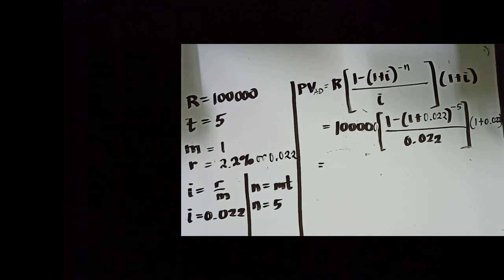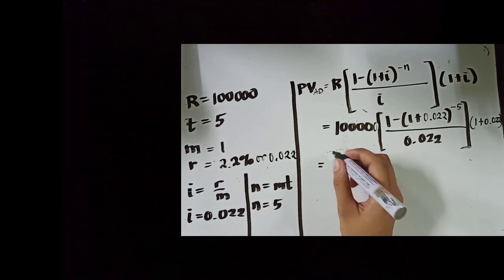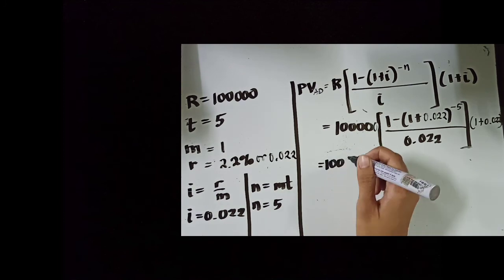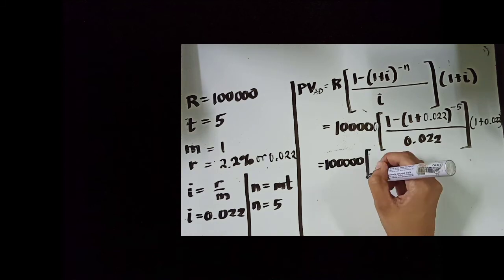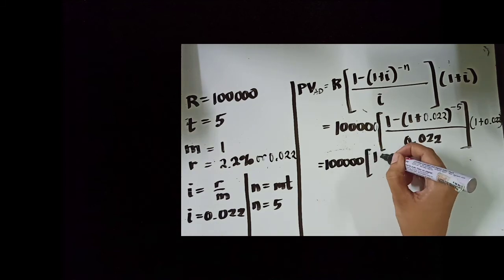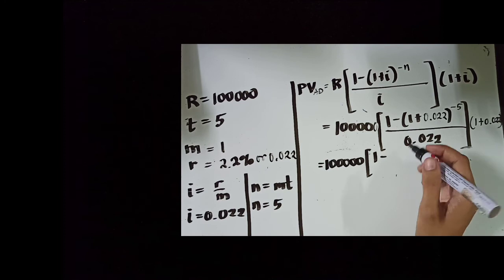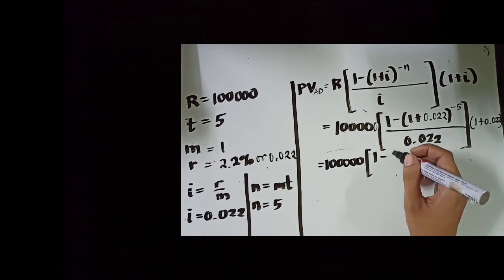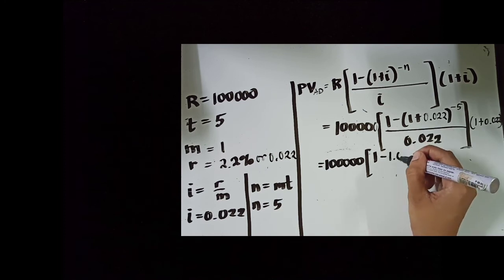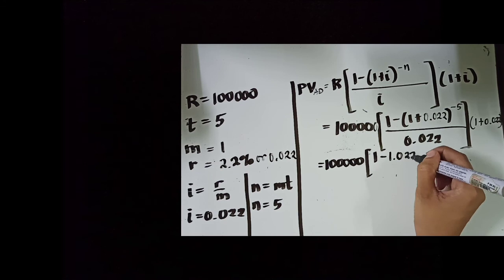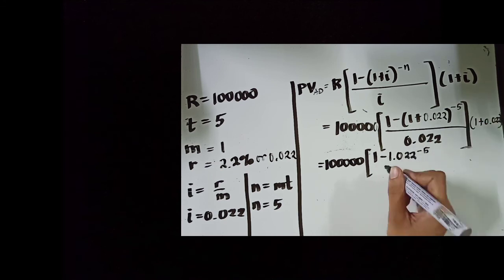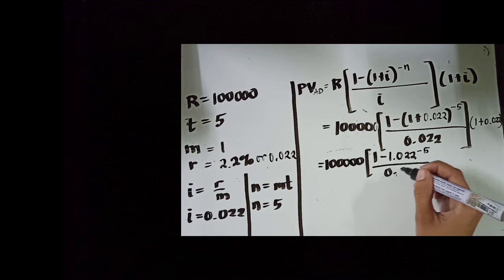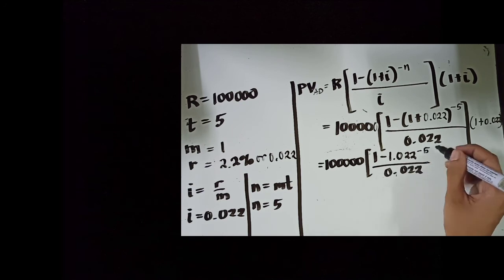Okay. So, that is equal to 100,000 multiplied by 1 minus, okay, so 1 plus 0.022 is 1.022, then raised to negative 5 over 0.022.